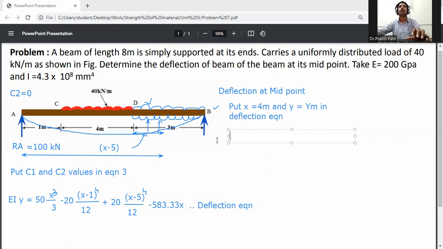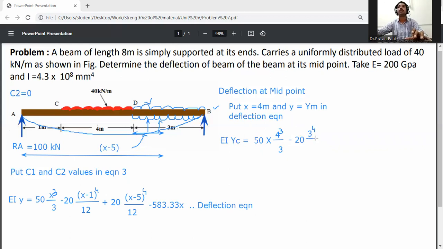So EI yc is equal to, x is equal to 4, that is 50 into 4 cube divided by 3, then minus 20 into x minus 1, meaning 4 minus 1, it will be 3 raised to 4 divided by 12.